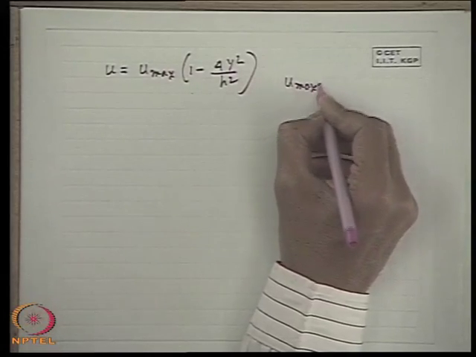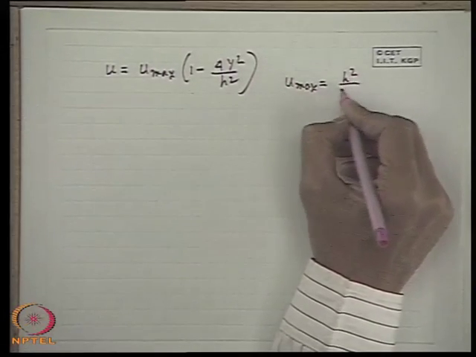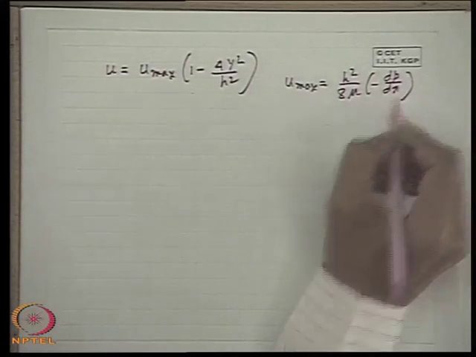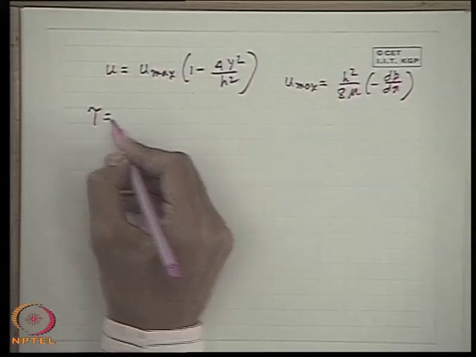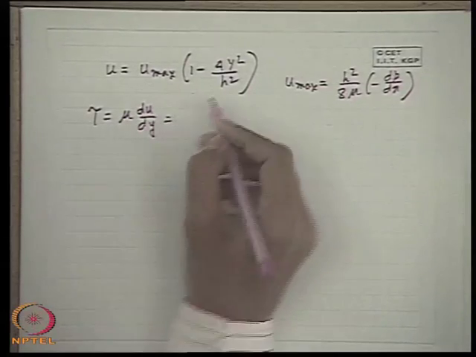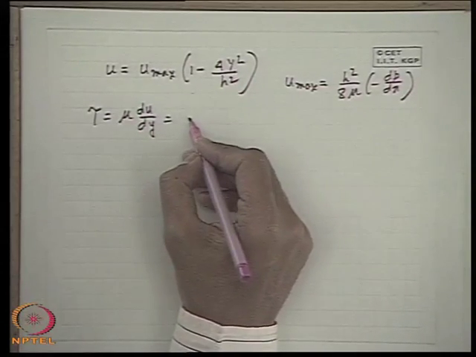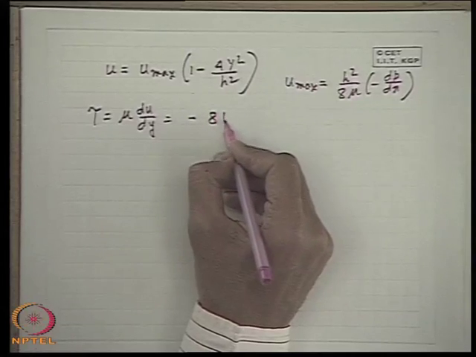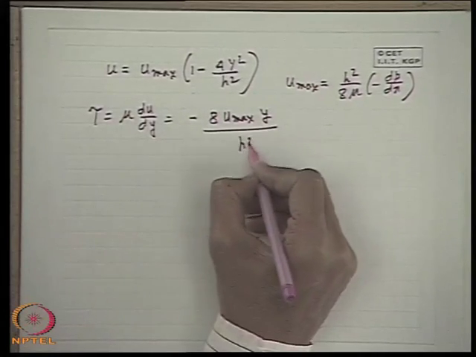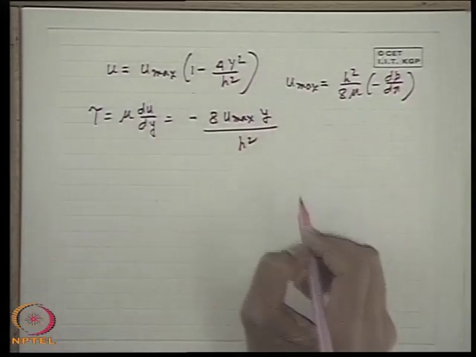U max you can write as h square by 8 mu into minus dp dx. All right. Now, you find out shear stress. It is mu du dy. So, what is this? Minus 8 u max y by h square, 2y, that is 8y by h square.